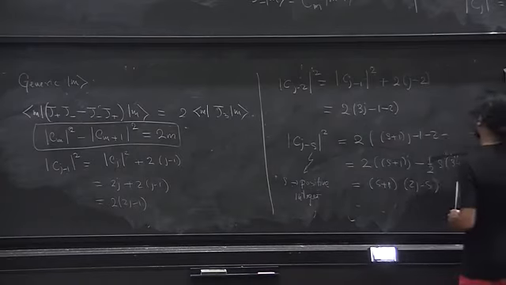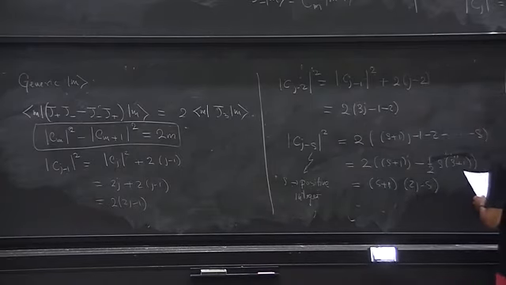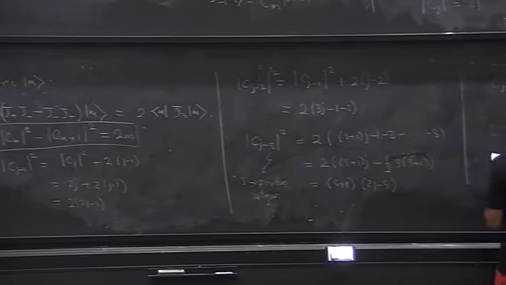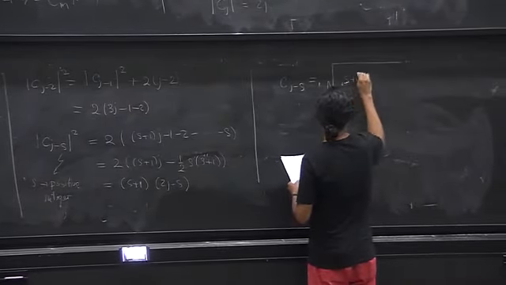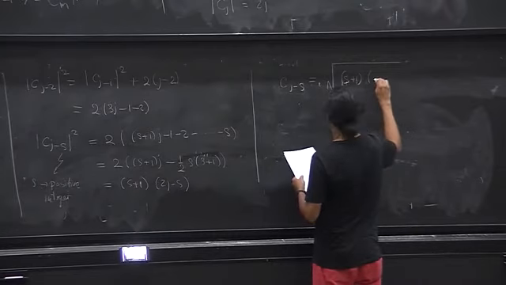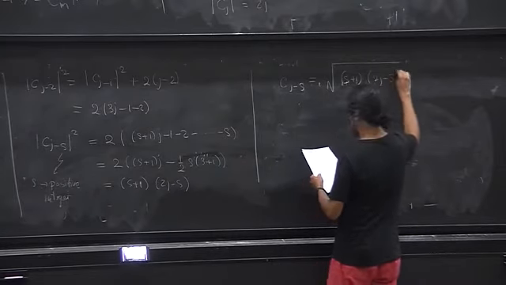So this implies that we can choose Cj minus s to be s plus 1 times 2j minus s.